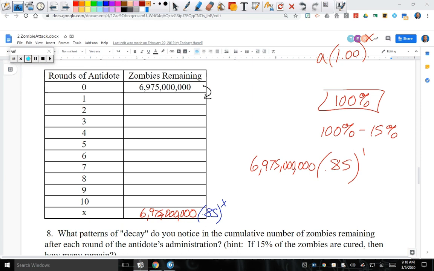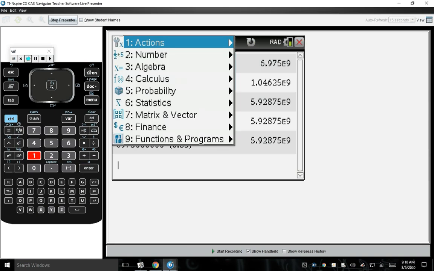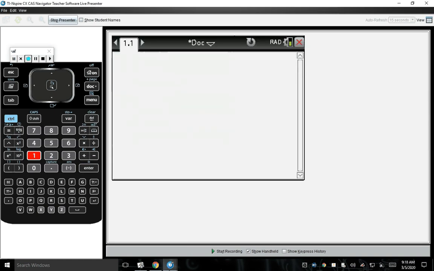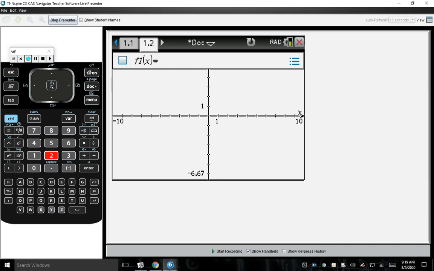Okay, that is the equation that I'm going to use now to go to the calculator. Menu 1 4 OK, menu 1 5 to clear. Control dock and adding a calculator graphing page. I'm going to put 6,975,000,000, and it's multiplied by 0.85 raised to the power of x.